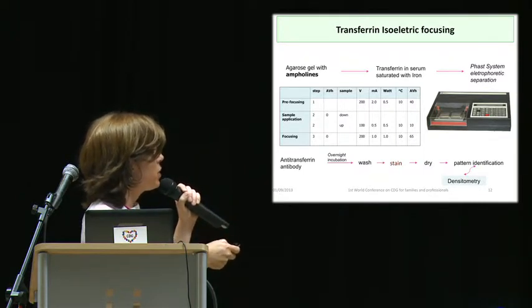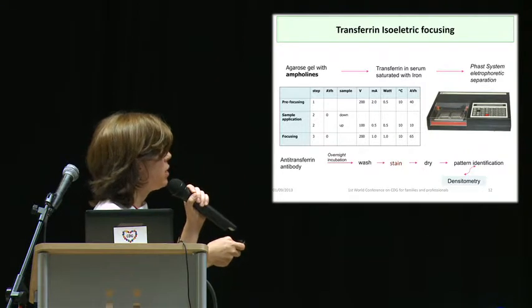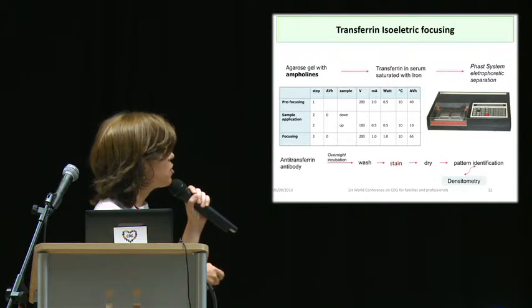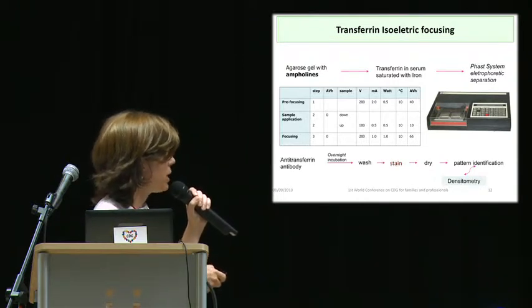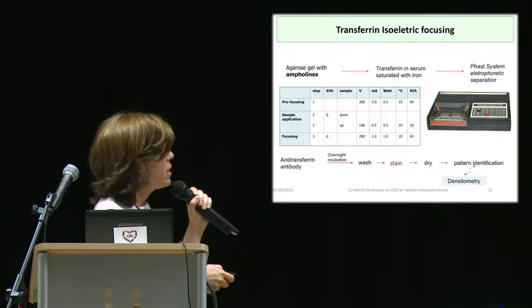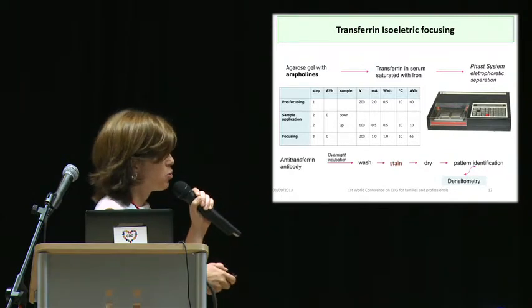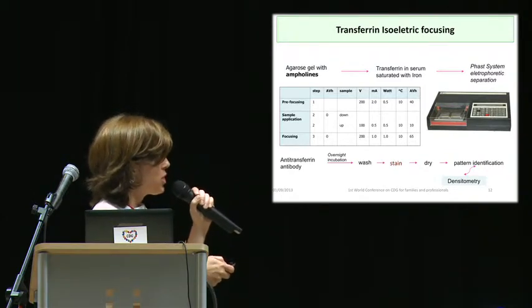Then the transferrin present in the serum is put on the gel and is submitted to an electric field on the Phast System apparatus. Then the transferrin is incubated with the antibody and then stained, and after drying we do the pattern identification and densitometry to see the percentage of each band.